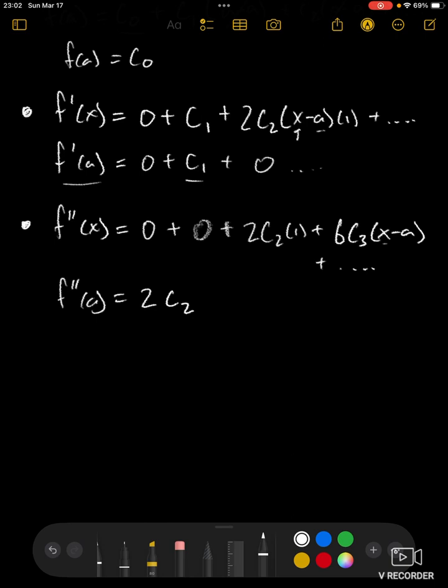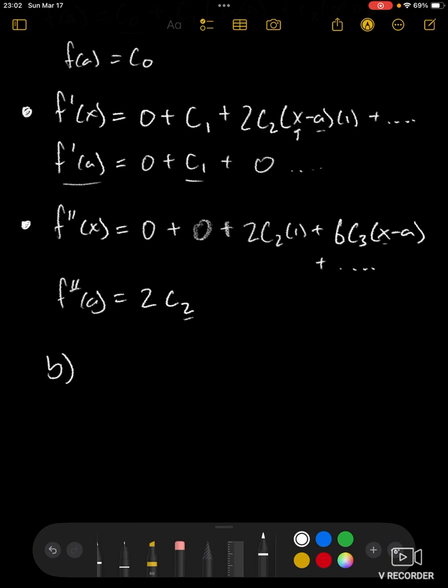Every time we take the derivative, its respective coefficient, whatever is up here, so this is the second derivative, is the second, c2. The coefficient of n is going to be the only term when we plug a in. And this is going to keep repeating and repeating and repeating. So we see a pattern right here.